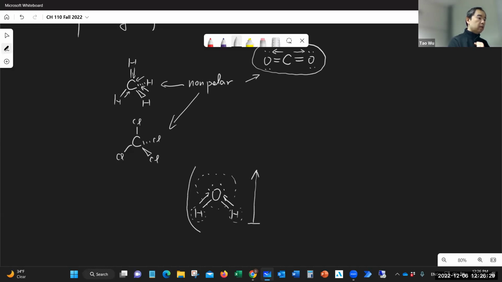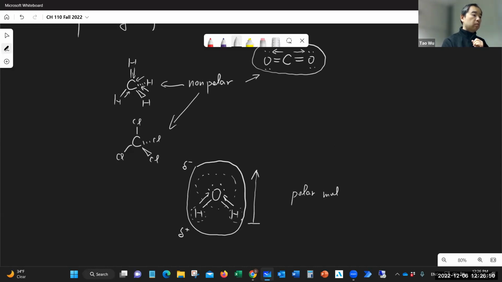If you look at this as a whole molecule, on the bottom side they have a partial positive, but on the top part they have a partial negative. So that is why the water molecule is a polar molecule. This guy has a dipole moment.